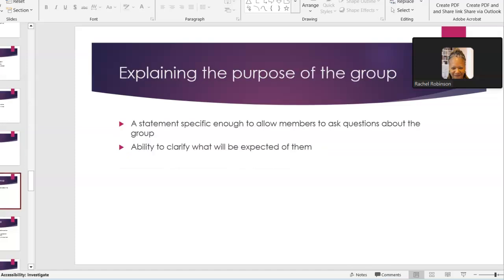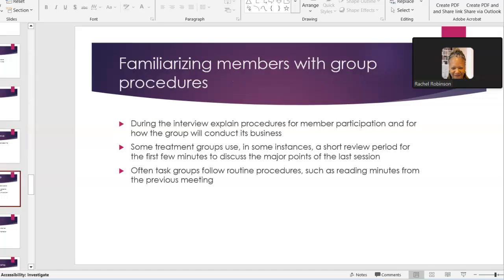Once again, explain carefully the purpose of the group. So when you start out talking to Nancy about the purpose of the group, make sure that you are thorough in your discussion.